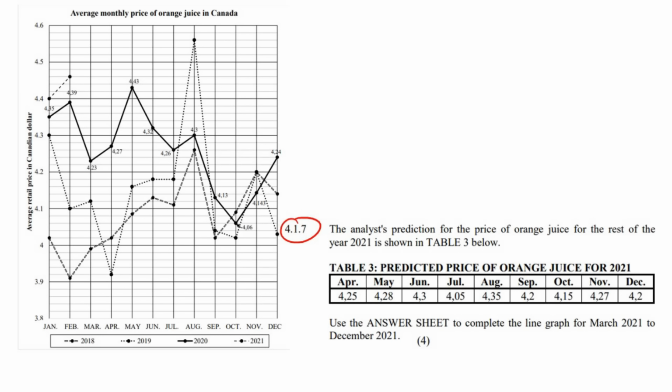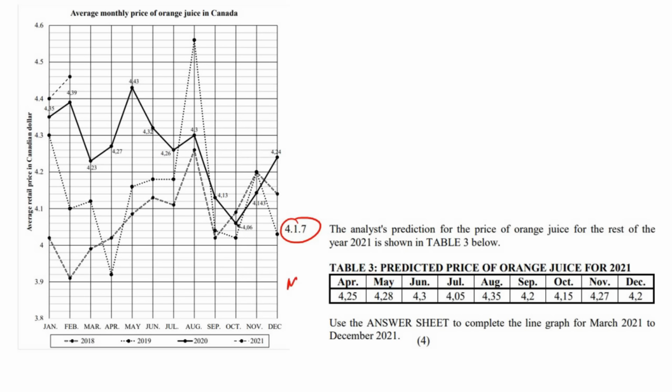This question says that the analyst's prediction for the price of orange juice for the rest of 2021. You see, for 2021, it was pretty awkward. They did January, they did February, and then we don't really have any more prices. So we don't have March, April. So here we've got April, May, June, July, August, September, October, November. And I don't know if we're going to need it, but we also have March.